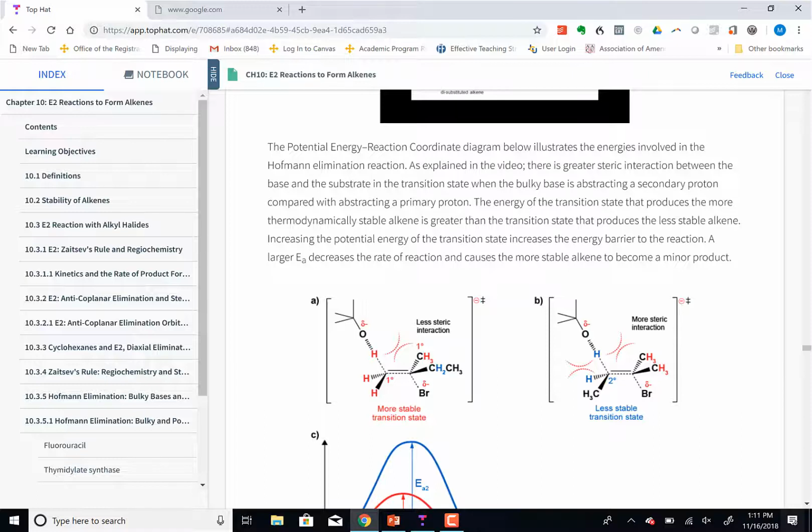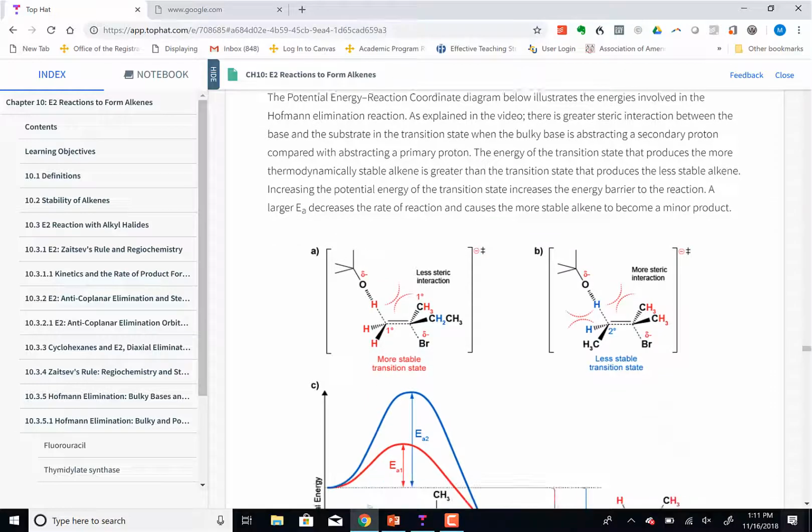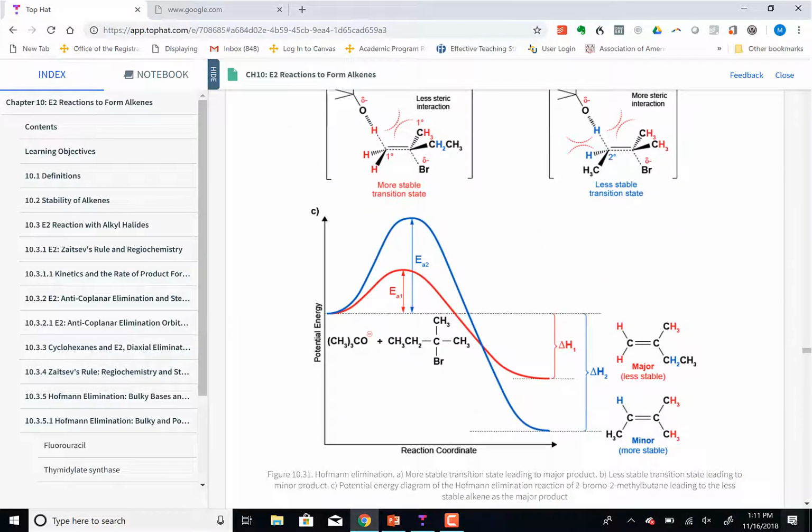They're not doing secondaries, because our rules would predict secondary would be SN2, right? And we drew that diagram, not as colorfully as what's here, but we talked about that. So does that help? What else?